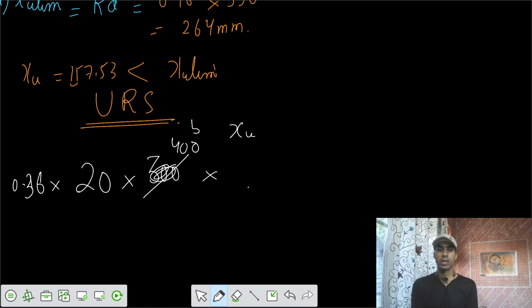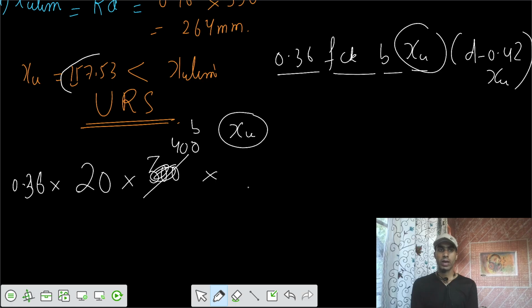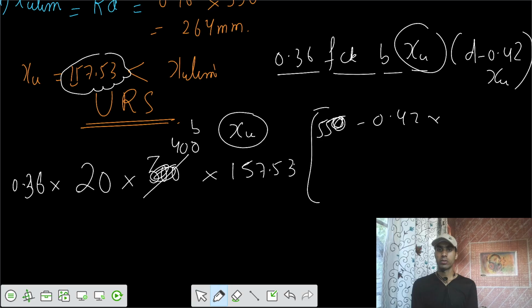We have the equation 0.36 fck b Xu. We have to substitute the value of Xu as the actual Xu, since the section is under-reinforced. So Xu equals 157.53, and we have the lever arm d minus 0.42 Xu, where d was 550.